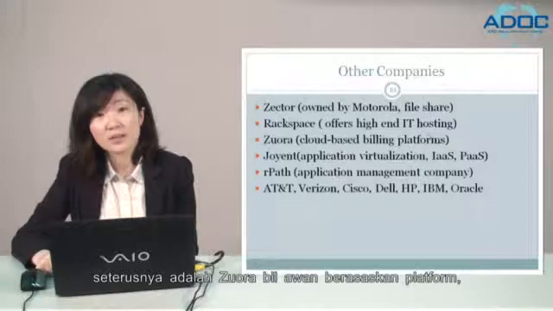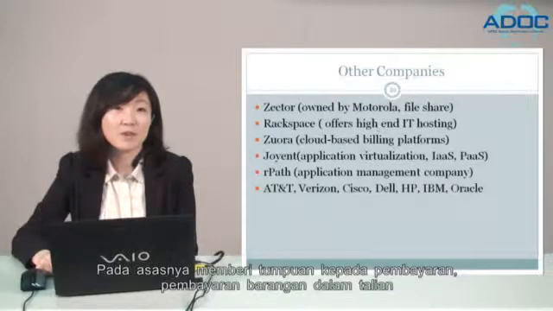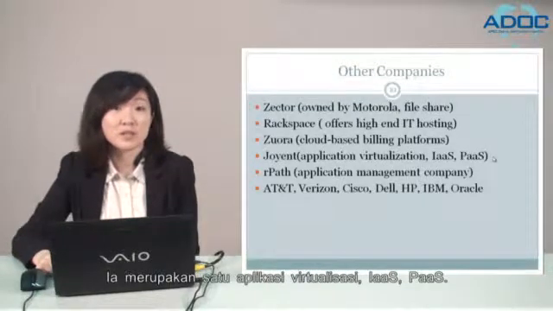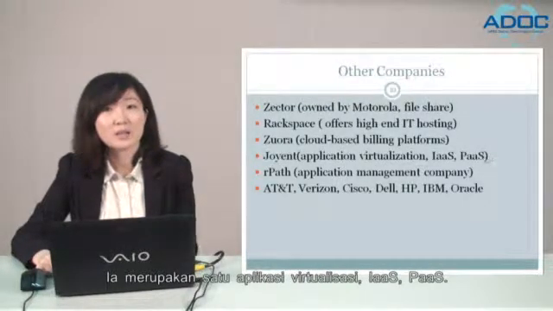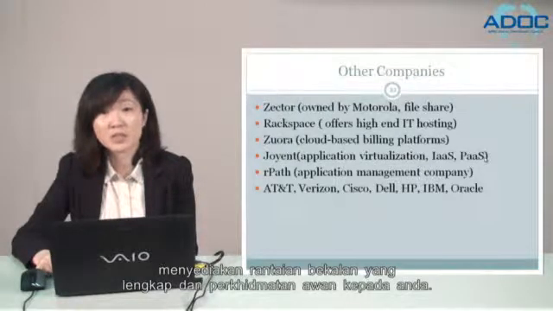The next one is Zora, a cloud-based billing platform, basically focused on online payment. The next one is Joyent, which offers application virtualization, IaaS, and PaaS. Similar to Amazon, it provides a complete supply chain of cloud services to you.